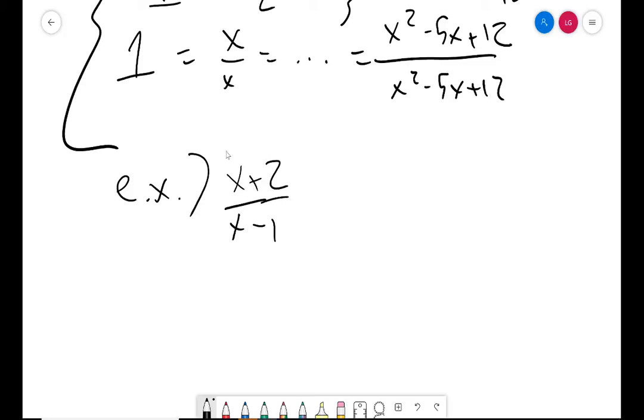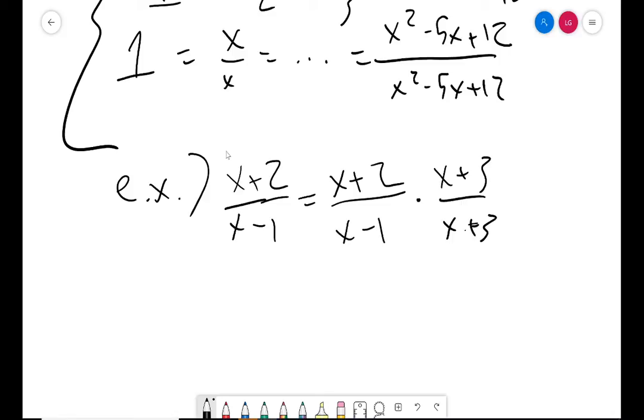This is a hijacking to some extent of what the usual process looks like, or a reversal even, where we can now say something like, oh, well, x plus 2 times x divided by x minus 1 is equal to this times, say, x plus 3 over x plus 3, which I think is fine, right? This is 1. So of course it is.